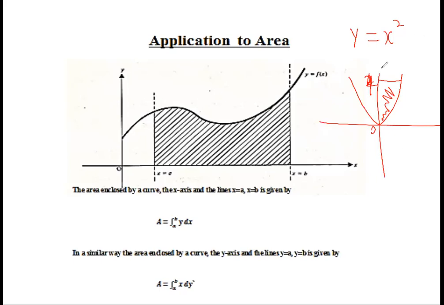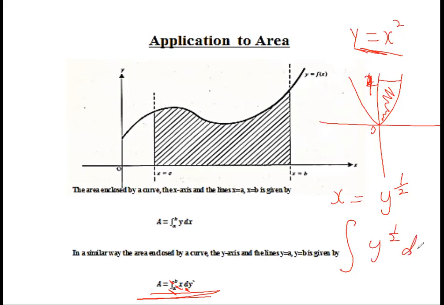So what you're doing now, you have to notice this formula here. It's the integral of x with respect to y from a to b. So you'll take this and make x the subject. So x equal to y to the half, and you put that in the thing here. So integral of y to the half with respect to y, of course, from 0 to 4 in this case.